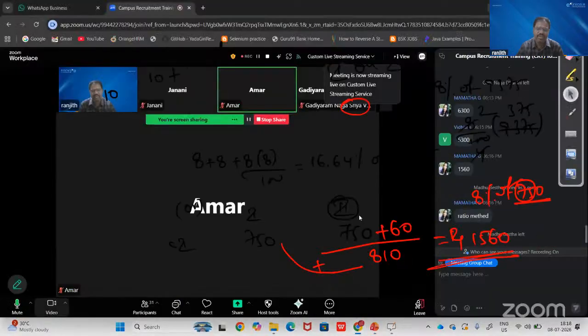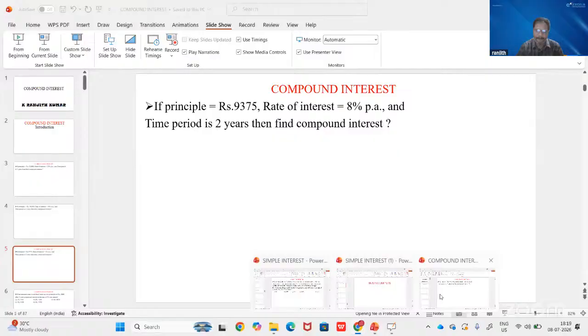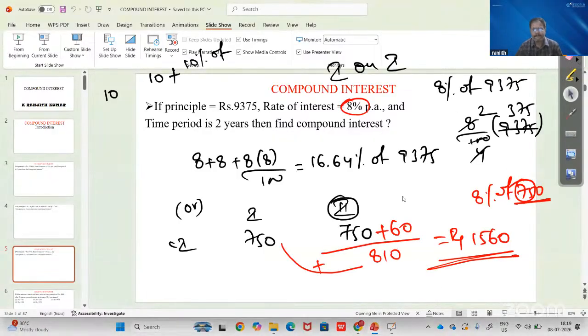Yes, the ratio method also can be used to find out. I will explain the ratio method. So in compound interest, we have multiple methods.